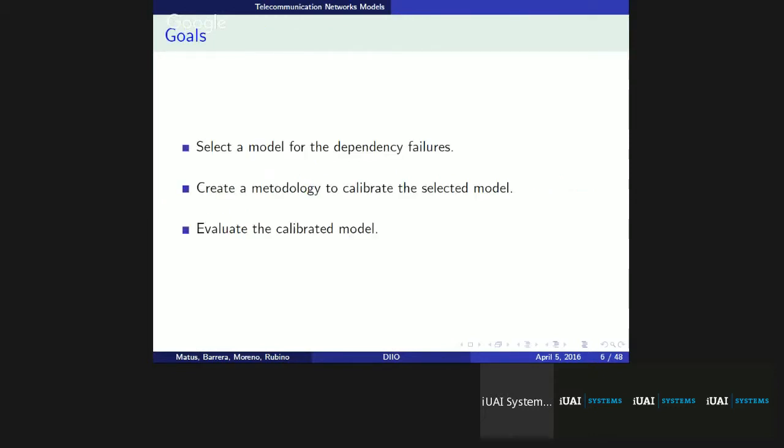The goals of the work are, first, to select a model from a list of models. We select one. We create a methodology to calibrate the selected model, incorporating the dependency, obviously. And finally, we evaluate the calibrated model.